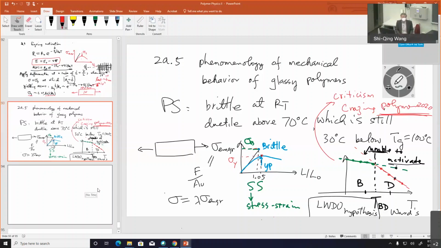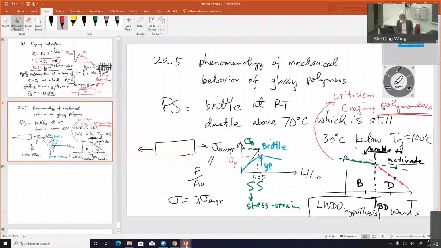Okay. So here's the challenge facing you, right? All the polymers you have, the glassy polymers, that you wish to be ductile, then you better understand why it stays ductile and when it becomes brittle. So the phenomenology, aside from this very elementary part, was really for me to show you the two sides of the story.